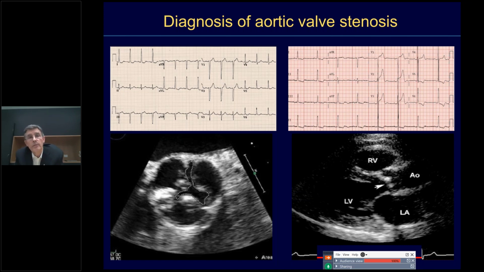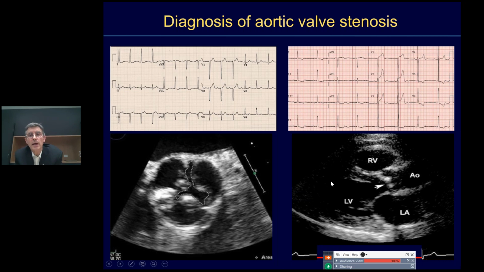So very occasionally you might hear of us pacing someone ahead of time, and that's because they've got, for example, a first degree heart block with a right bundle branch block. That patient will almost certainly need a pacemaker afterwards, and it's just a lot cleaner and easier to get the pacemaker done before the TAVI procedure. So, as I said earlier, if someone's already got a pacemaker, that just makes our life so much easier.